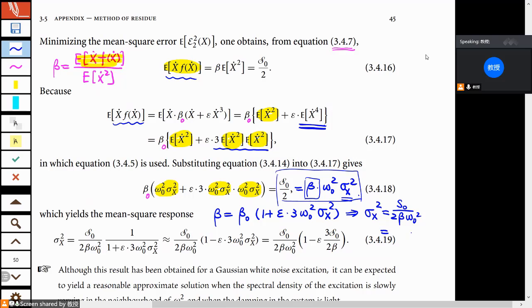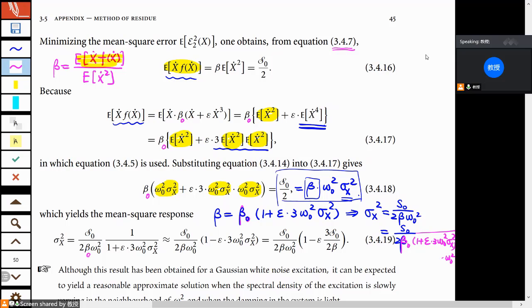And this is S0 over 2 beta 0 times 1 plus epsilon 3 omega 0 squared sigma x squared, times omega 0 squared.